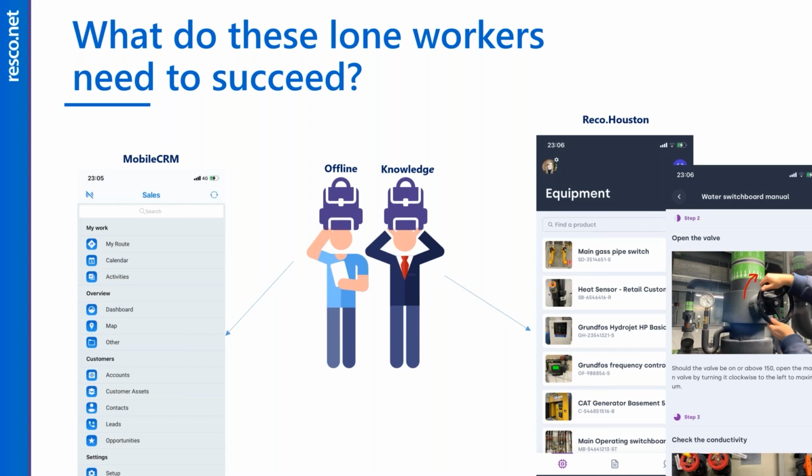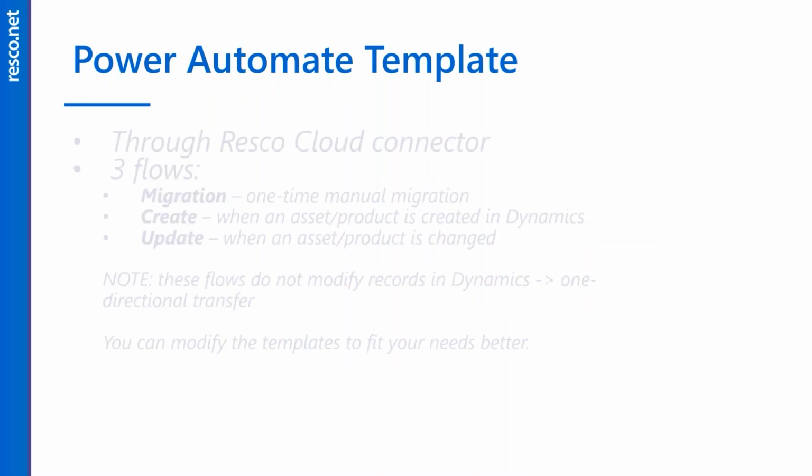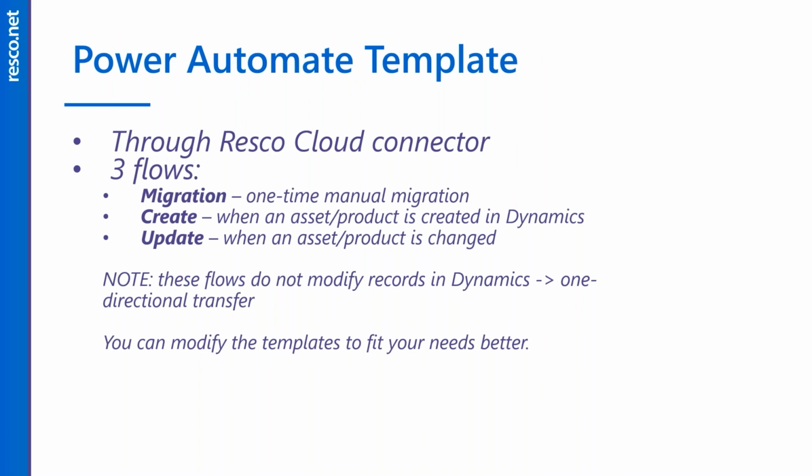So how do we merge these together so that the technicians can benefit from this? This can be done through the Power Automate template. As you probably know, there is a Resco Cloud connector, which connects Dynamics organizations with Resco Cloud organizations. In the case of the Houston template, we are talking about 3 flows.